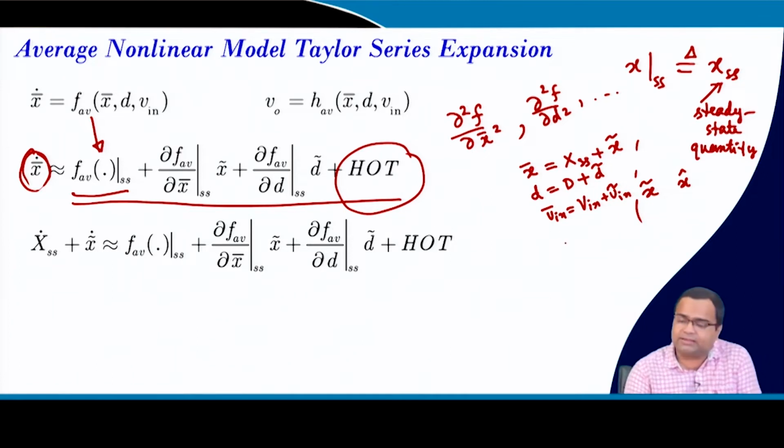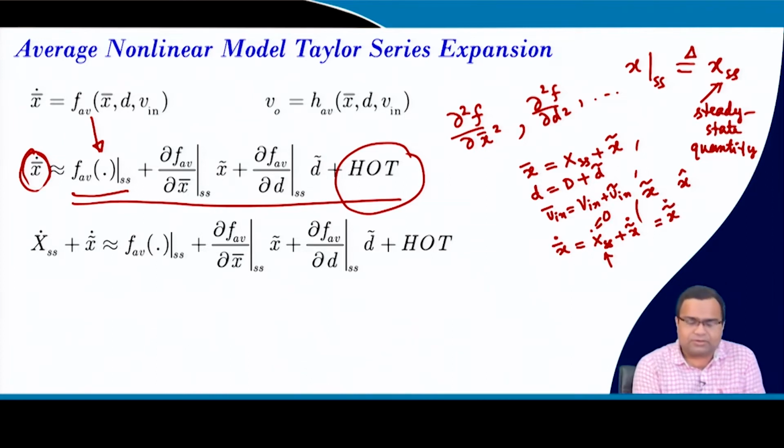Now, on the left side, once you take x average dot, you can write x_ss dot plus x tilde dot. Interestingly, since it is a steady state point, the x_ss dot part will be 0. So, it will become x tilde dot.